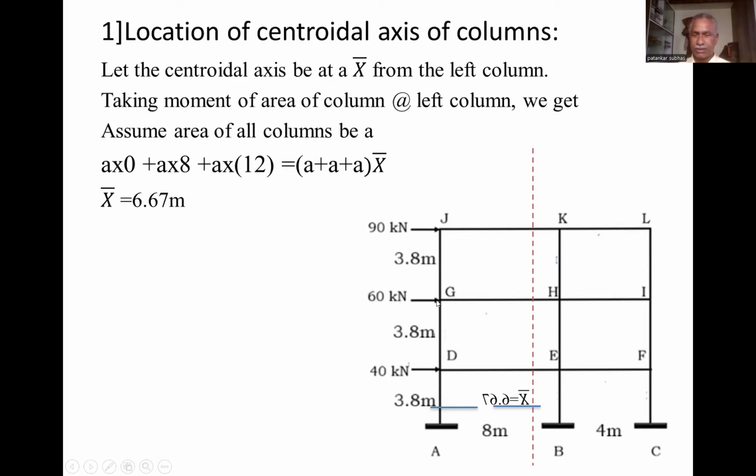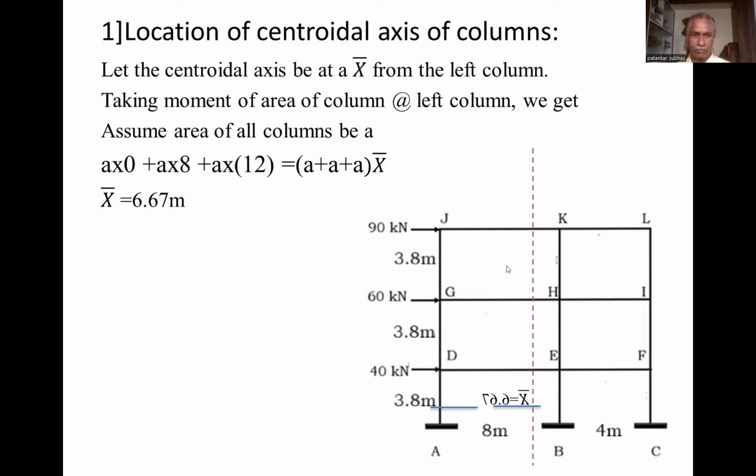We have assumed that the areas of all the columns are the same. It is not mentioned in the problem.